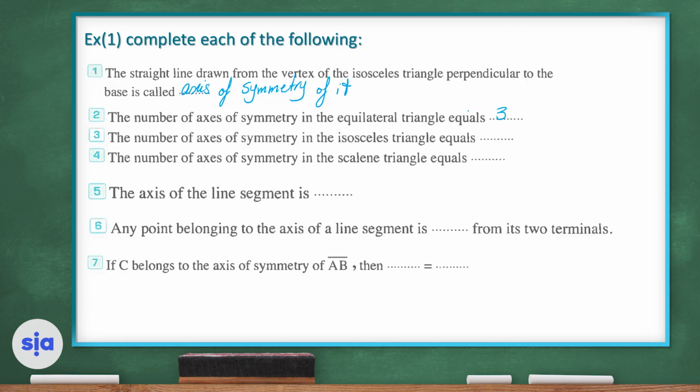The number of axes of symmetry in the isosceles triangle is equal to 1. The number of axes of symmetry in the scalene triangle equals 0. Question 5. The axis of the line segment is the straight line perpendicular to it from its middle.